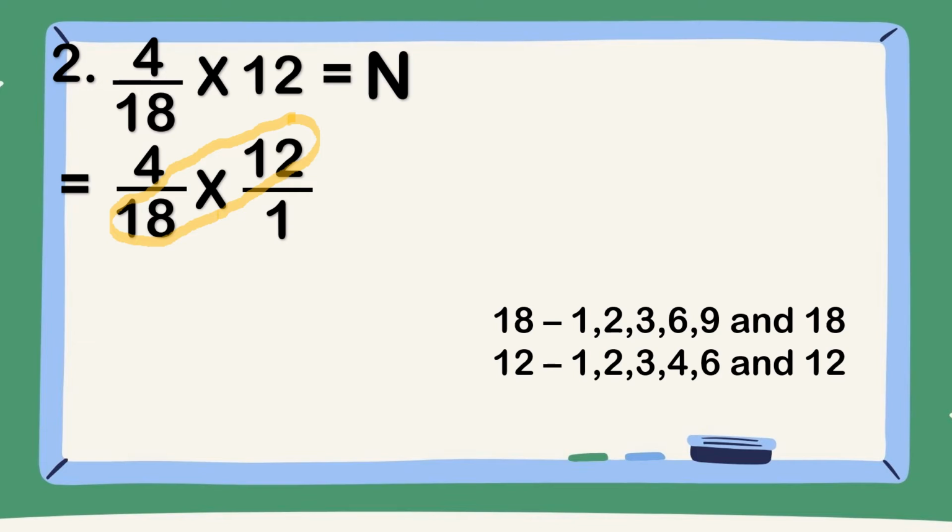So as we can see here, there are 3 common factors of 18 and 12: 2, 3, and 6. So now let us find the greatest common factor of 18 and 12. The greatest common factor of 18 and 12 is 6.